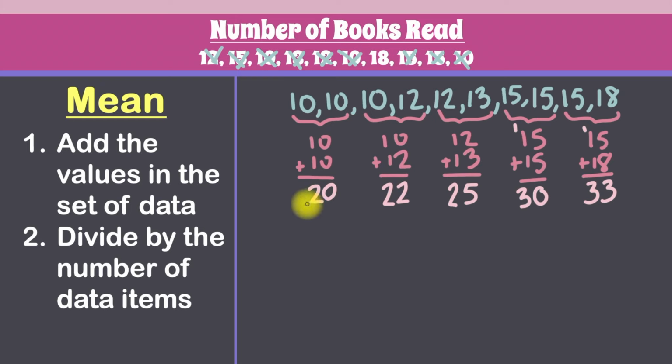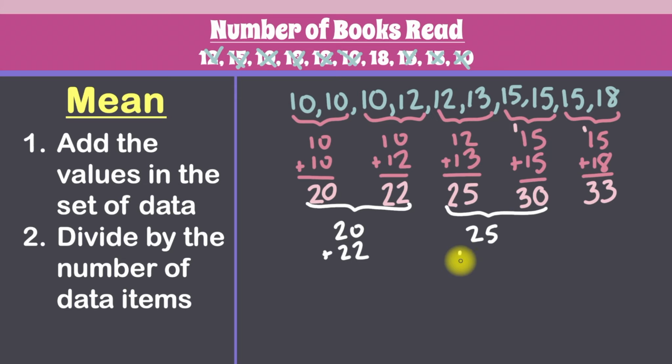So we've got 20 plus 22. And then 25 plus 30. And then we'll just bring down 33.